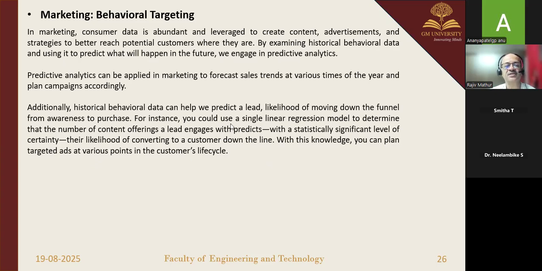For instance, you could use a single linear regression model to determine that the number of content offerings a lead engages with predicts, with a statistically significant level of certainty, the likelihood of converting to a customer down the line. With this knowledge, you can plan targeted advertisements at various points in the customer's life cycle, right? So these are some examples of how we use predictive model types.